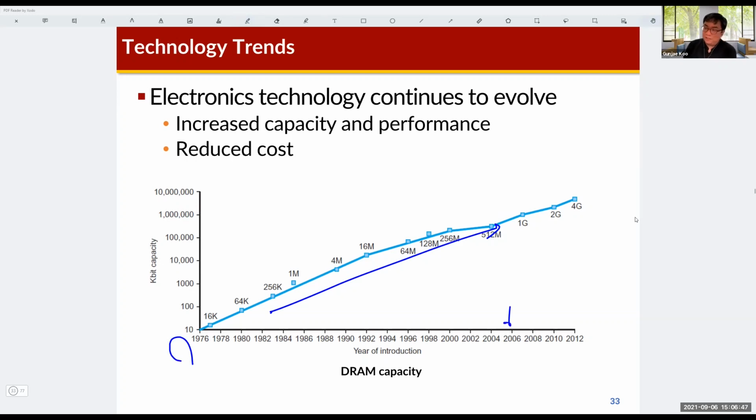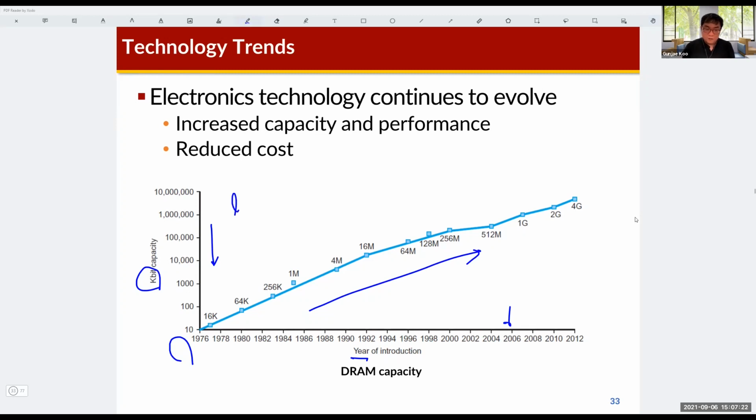So what is the x-axis? The x-axis represents the year, time, and the y-axis represents kilobits, which means the capacity of the memory. But as you can see, the y-axis scale is a log scale, and this graph increases linearly.